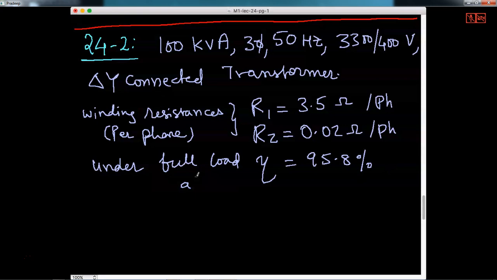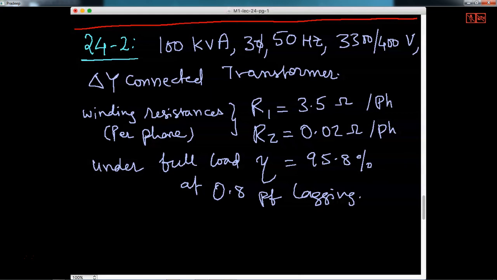So the question, what needs to be found out, is the iron losses of the transformer. Suddenly, if you look at it, it looks like a very peculiar kind of question.